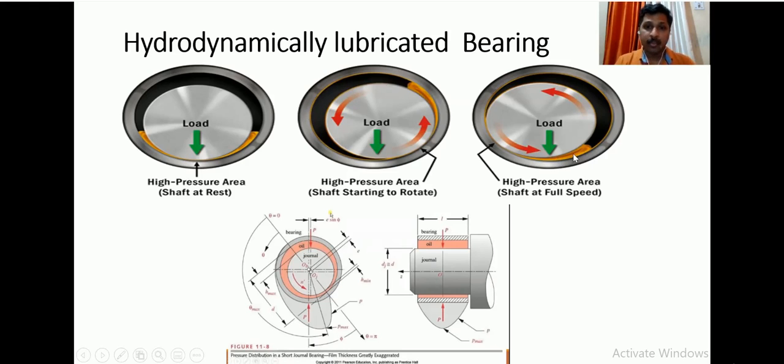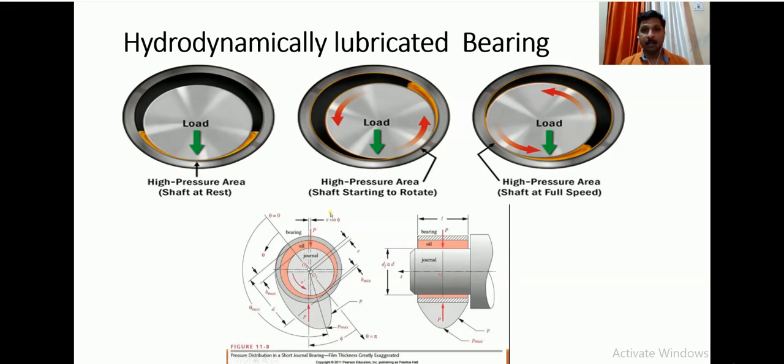When the shaft moves further, the oil at high pressure moves further towards this vacant area. The shaft will lift up from its position, and a film of lubricant is developed between the shaft and the bearing surface.